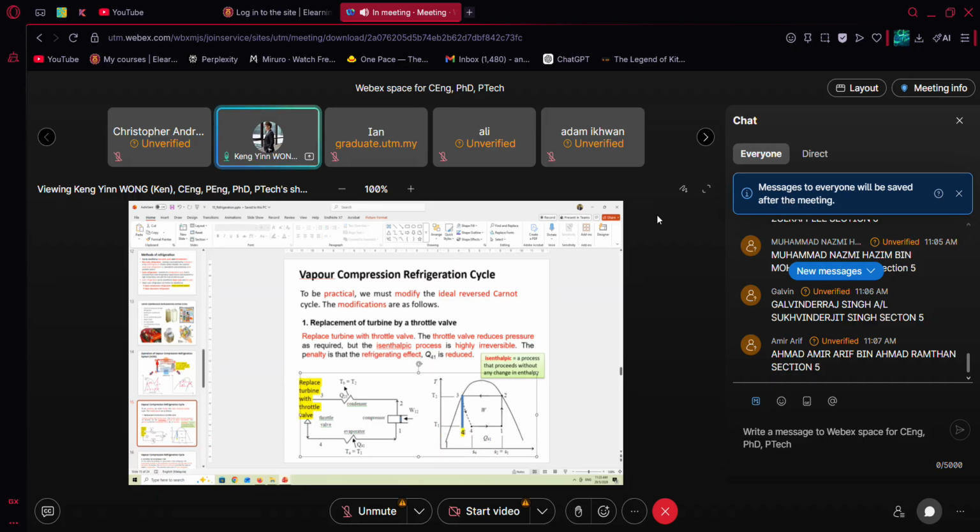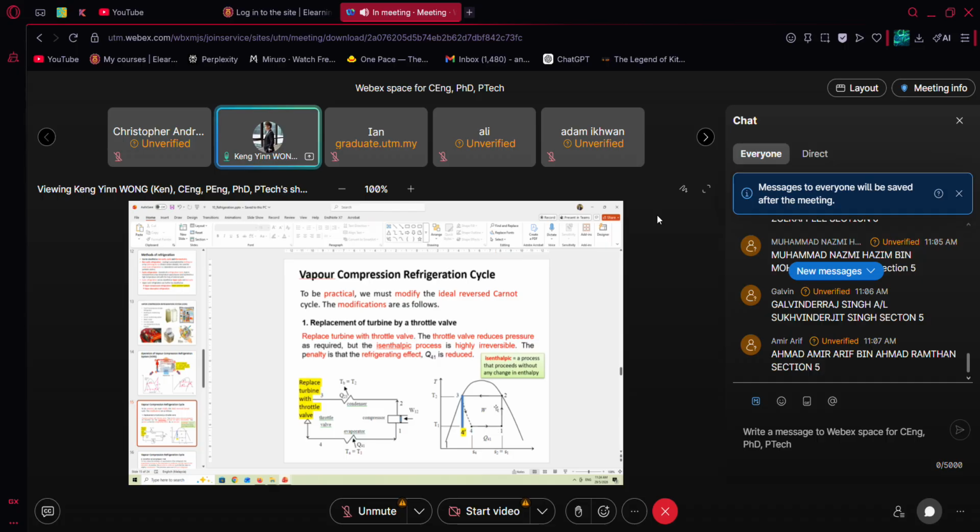The 4 to 1 is much wider, which means 4 to 1 is the cooling effect. If 4 to 1 is big enough, then the refrigerating effect increases. But now whenever you install a throttle valve, the 4 to 1 becomes smaller. Whenever it becomes smaller, the refrigerating effect reduces. I hope it's clear for you.